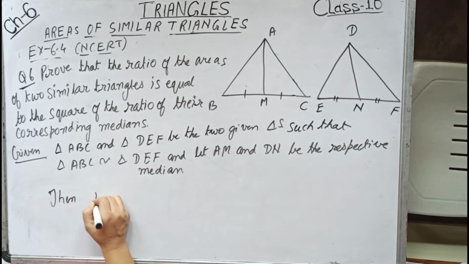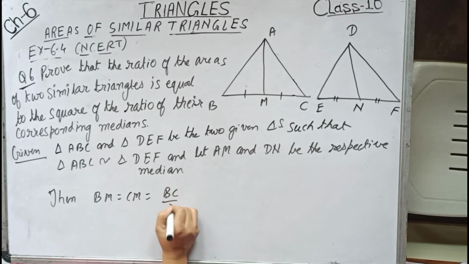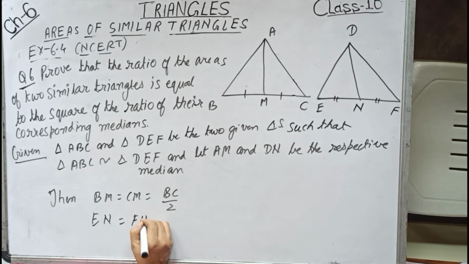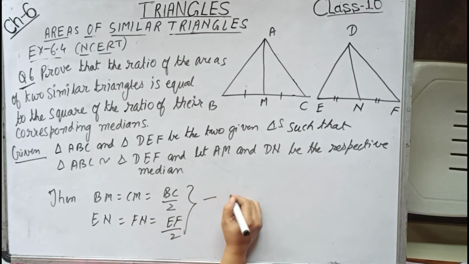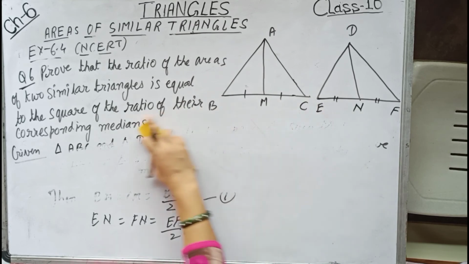Then BM equals CM equals BC by 2 and EN equals FN equals EF by 2. All these statements, children, you have to write. So this much you remember. I am going to prove it.